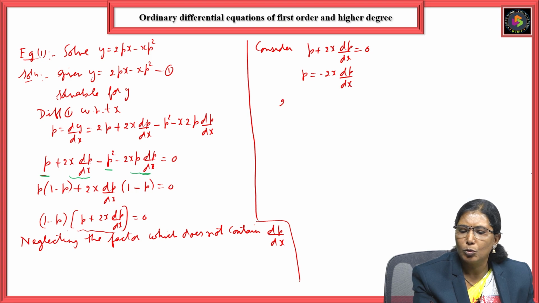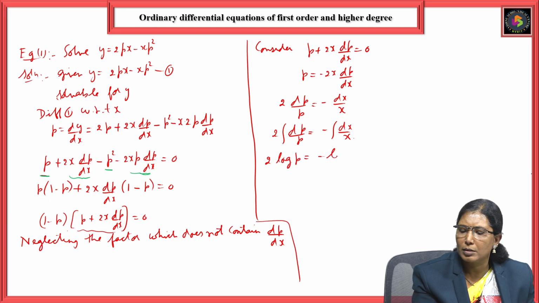So we get 2 dp by p is equal to minus dx by x. Now integrating both sides: 2 times the integral of dp by p is log p, equal to minus log x plus log c, because all the terms are in log.